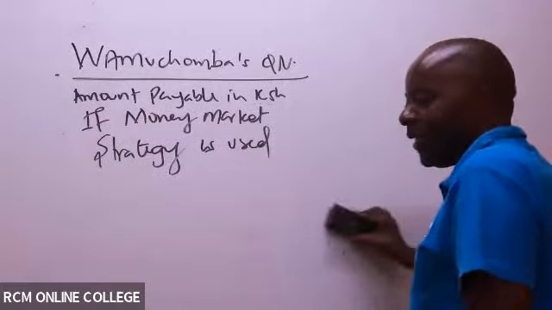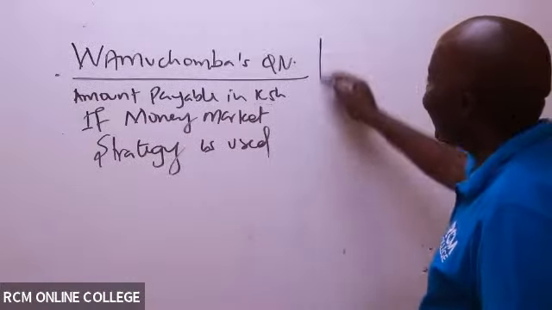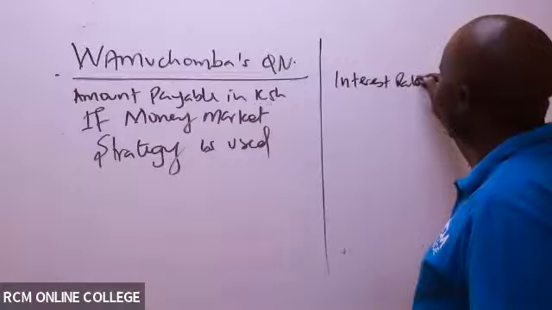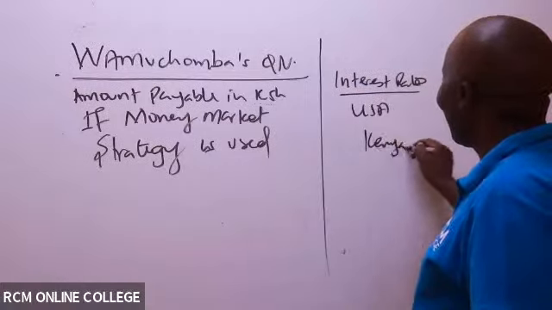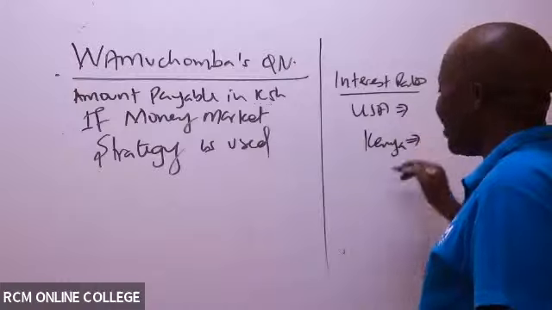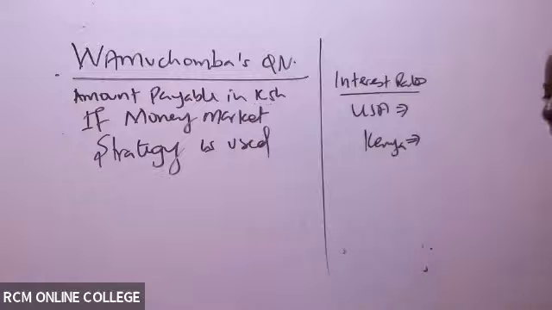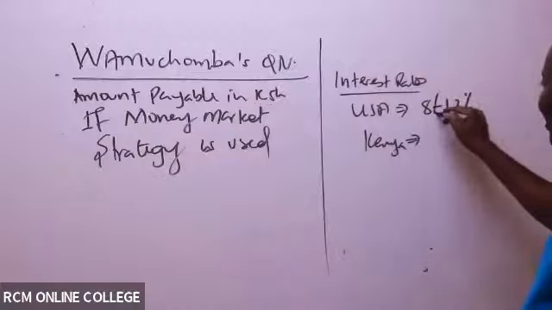Wamchomba's question, are you able to remind mwalimu the interest rates? There was USA and there was Kenya. Before I draw, please remind mwalimu what the interest rates were. 8 to 12%.